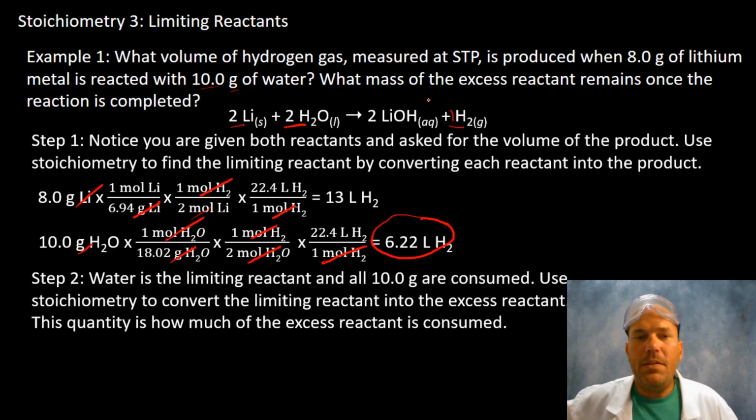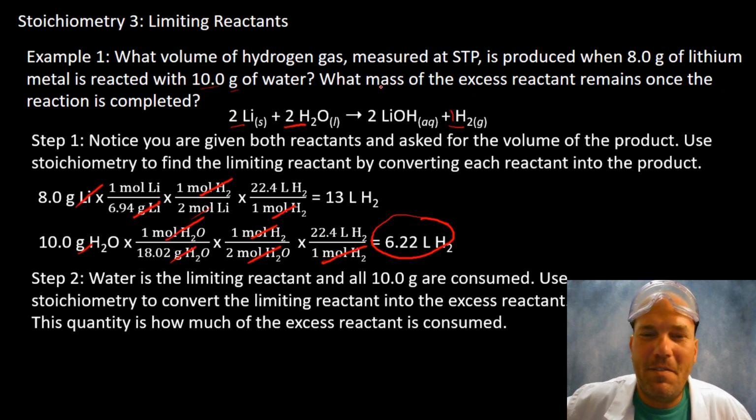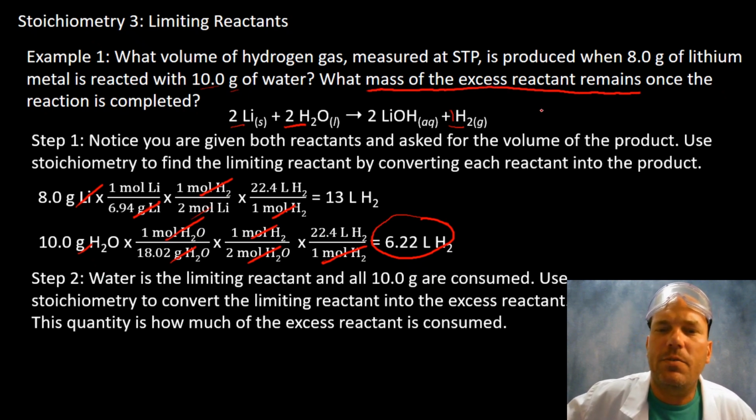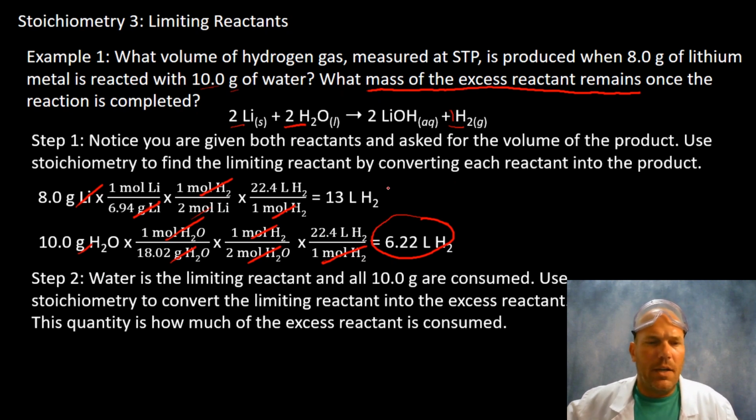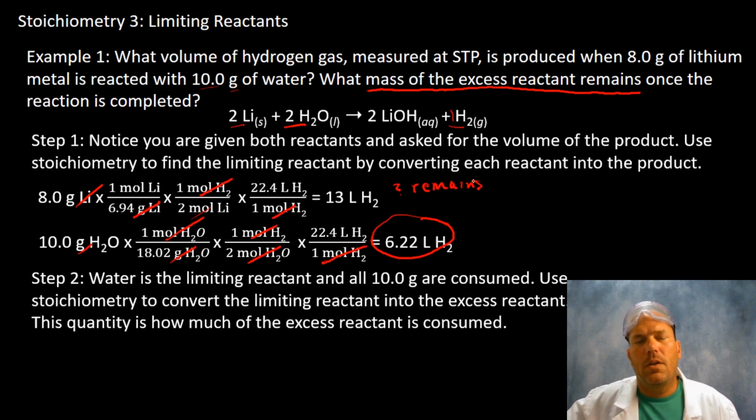All right. But this question, and that's why I love this unit, goes on and says, what mass of the excess remains? Okay. So it's basically, we know some of this is left over, but how much actually is left over? So in order to find that, we need to find out how much is consumed. Okay. We know all the water is consumed.